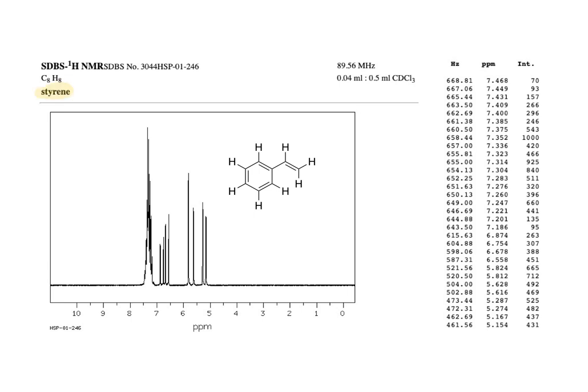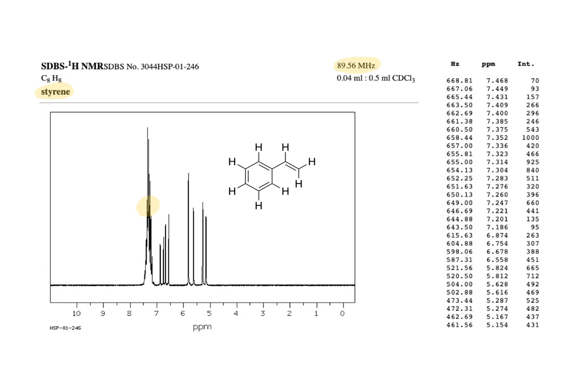For styrene at 90 megahertz, the C6H5 section of benzene is hopelessly convoluted due to very small differences in the frequencies for the aromatic hydrogens. But for the alkene hydrogens, the three alkenes can be clearly distinguished.